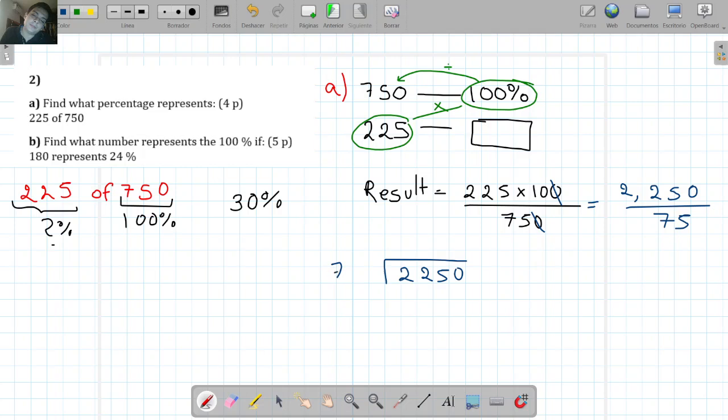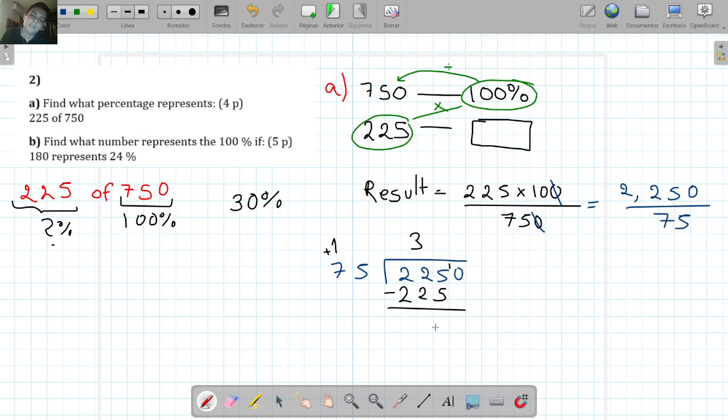So here we have 75. Let's try with 3. 3 times 5 is 15, so we add 1. 3 times 7 is 21 plus 1 is 22.